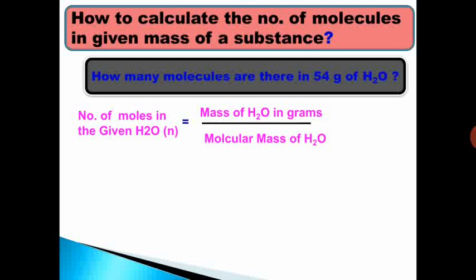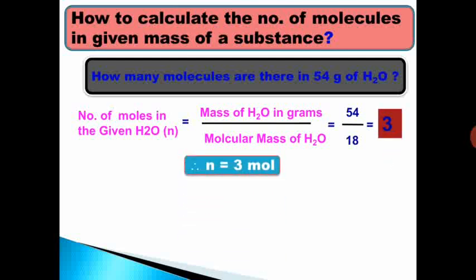So number of moles in the given water molecule is equal to mass of water molecule in grams divided by molecular mass of H2O. Now here, what mass is given? That is 54 grams. So we will write 54 divided by molecular mass of water, we have calculated it, and that is 18. So after dividing this we get the number 3, right? It means that number of moles is equal to 3, means given grams of water contains 3 moles.